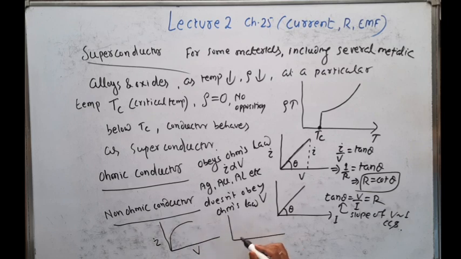I think in electronics you have read the diode characteristic. So this is current, this is voltage. This characteristic is not a straight line. This is the current versus voltage graph of a diode. So a diode is a non-ohmic conductor. Another example of a non-ohmic conductor is a solution of H2SO4. Sulfuric acid solution is a non-ohmic conductor.